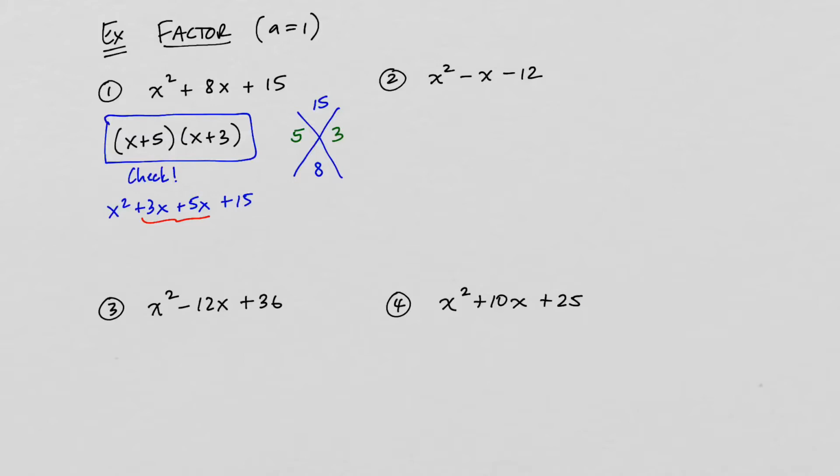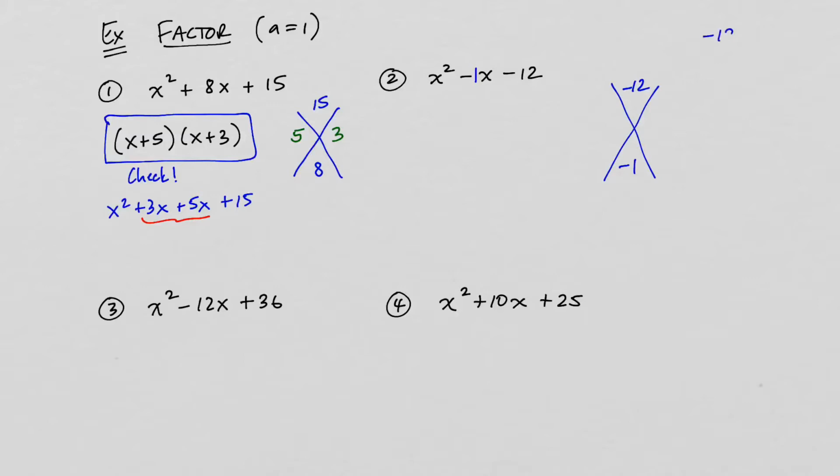So for our next problem, we have x squared minus x minus 12. Let's keep in mind that this is negative 1x in the middle. And we are looking for two numbers that multiply to give us negative 12 and add to give us negative 1.